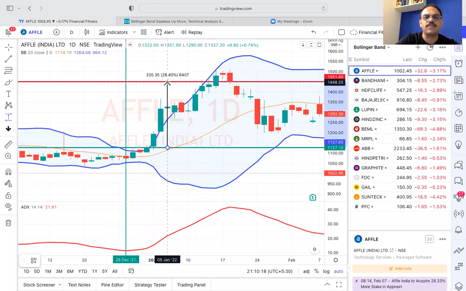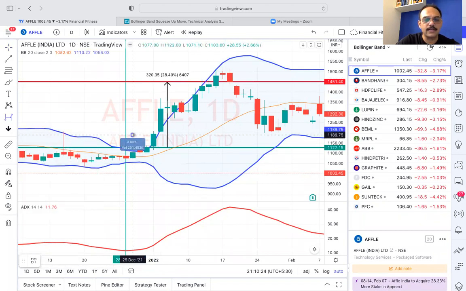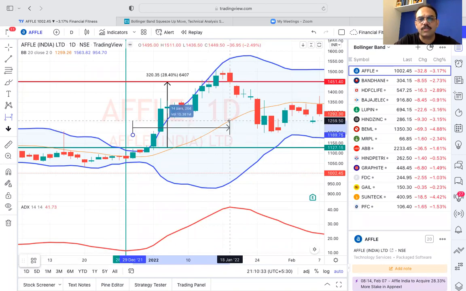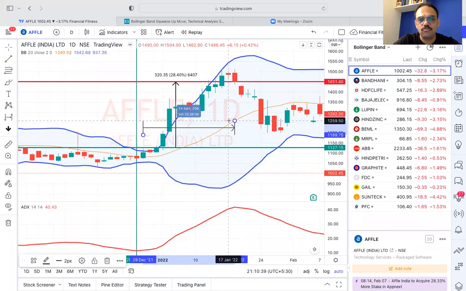In this case, it was 28% in 14 bars, so about a 3 weeks time frame.